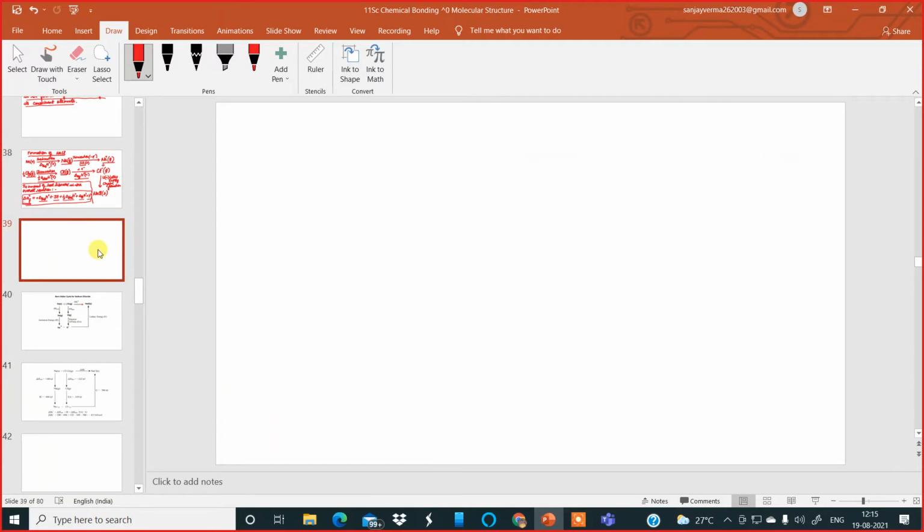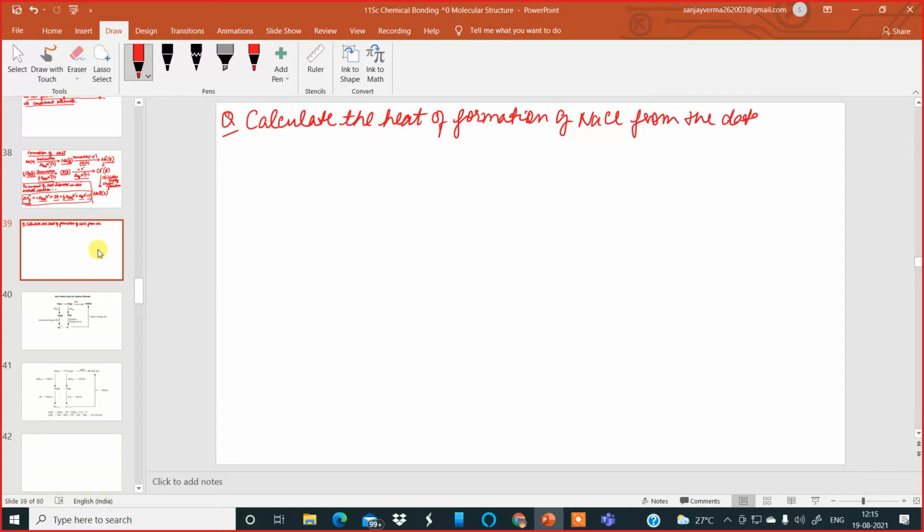So the question goes like this. The question says: calculate the heat of formation of sodium chloride from the data below.